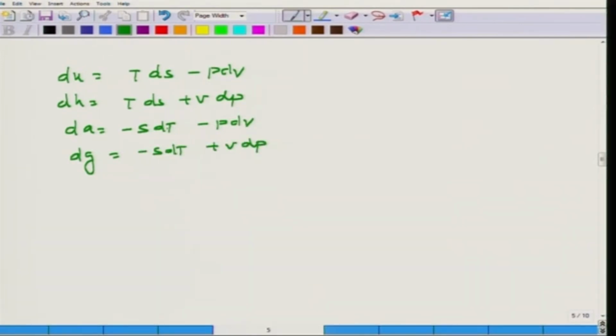Okay, so here we have just swapped the terms so that we can have S or T in one column.